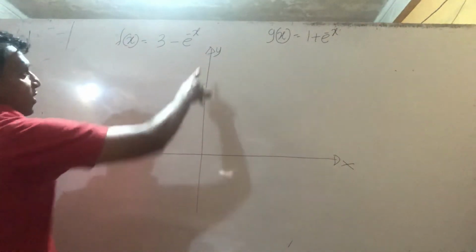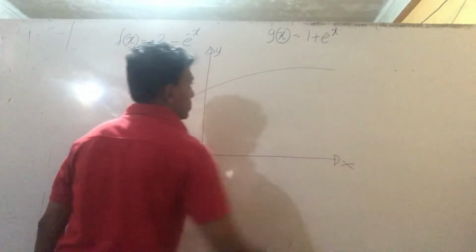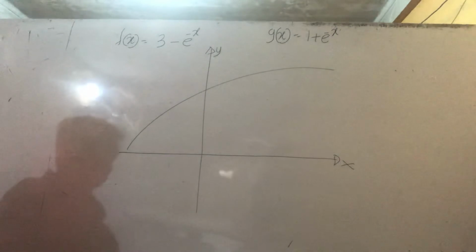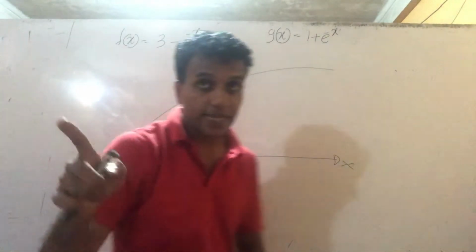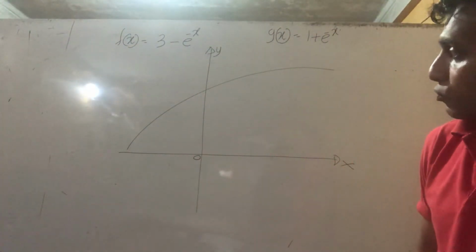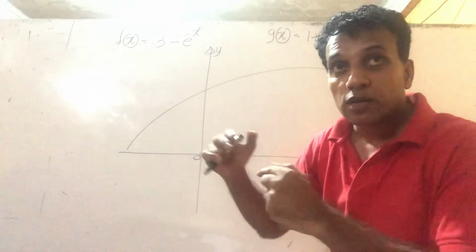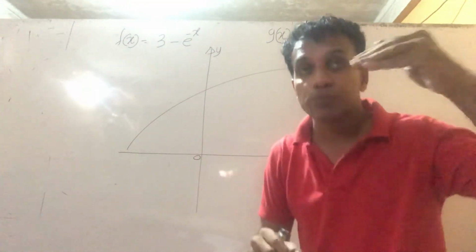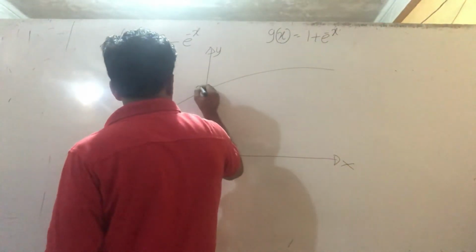See that here the f of x graph is added 3, so like this. Here 0. Check the e to the power minus x, and plus 3, what happens? Here it was 1, 3 units more. Therefore I think this becomes 2. Check, will it become 2?